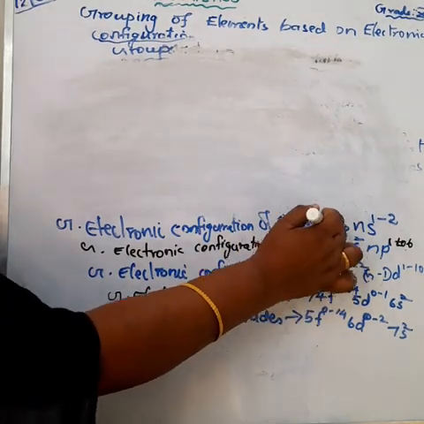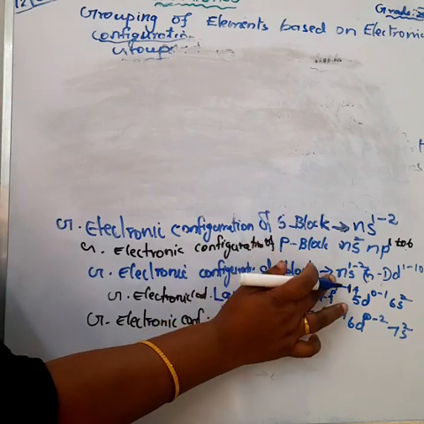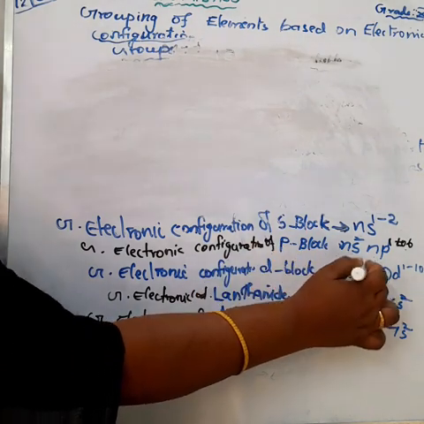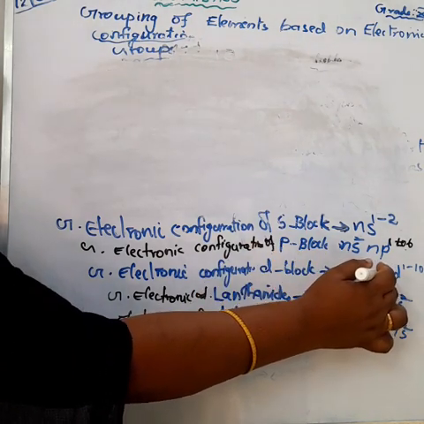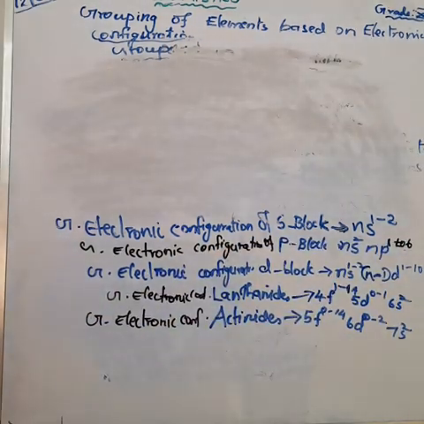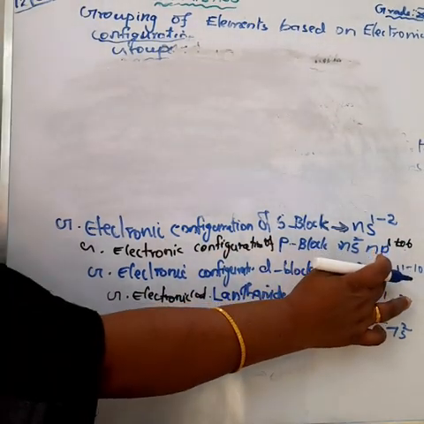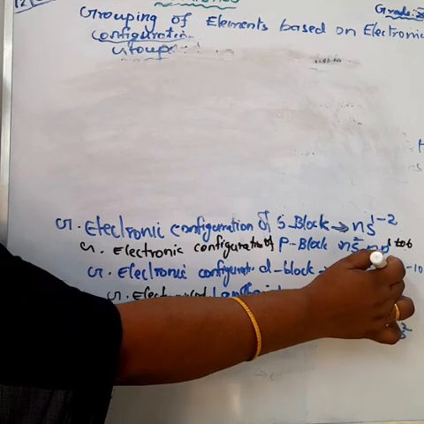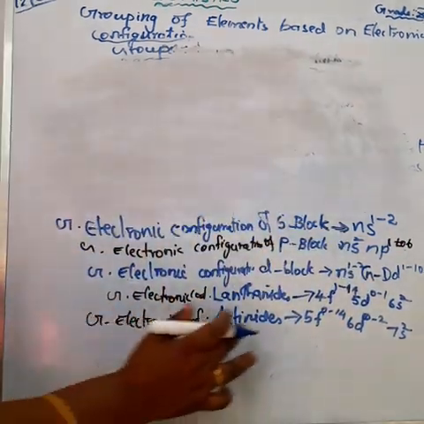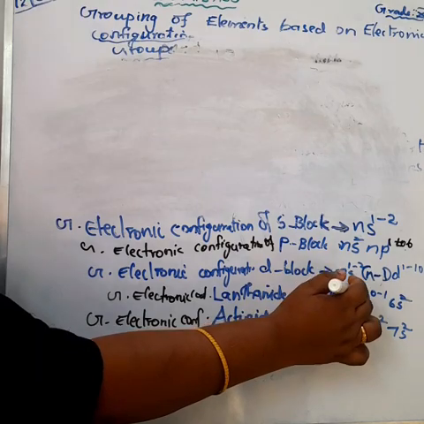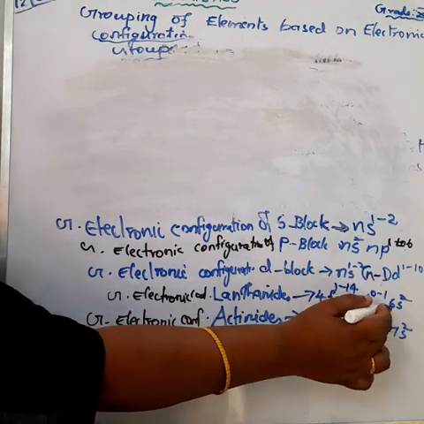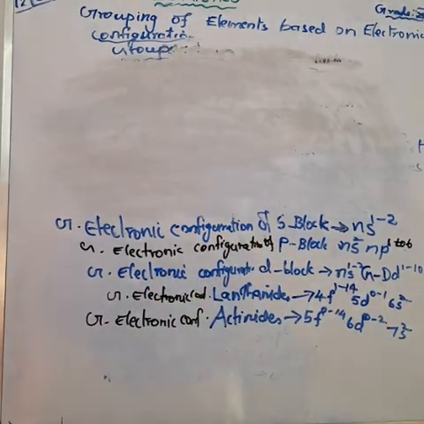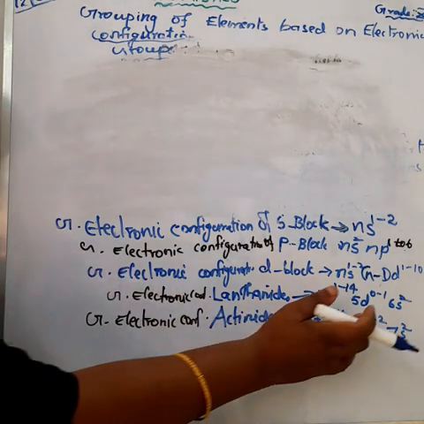For the d block elements, ns1 to 2 and (n-1)d1 to 10. For the lanthanides, 4f1 to 14, 5d0 to 1 and 6s2. And for the actinides, 5f0 to 14, 6d0 to 2 and 7s2.